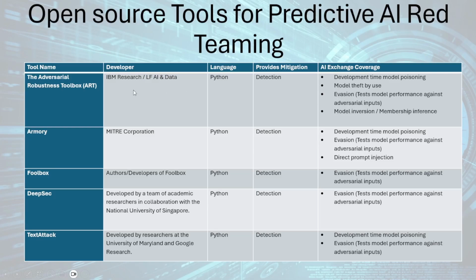So for the adversarial robustness toolbox, or ART, it includes tests for development time model poisoning, model theft by use, evasion, and model inversion or membership inference. And you can see the same for these other tools as well.